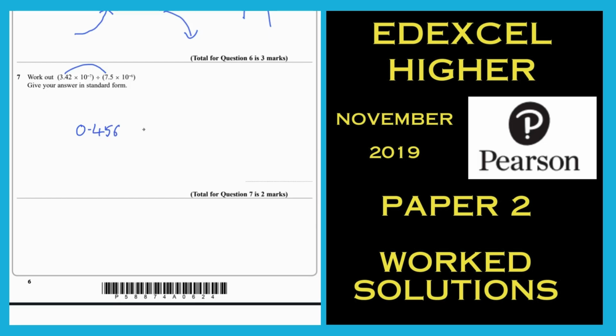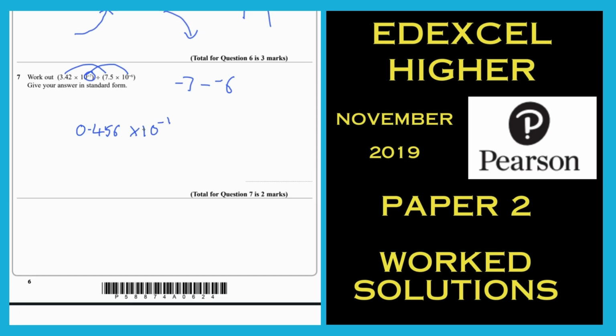Gives you a number which is not in between 1 and 10, but we'll worry about that shortly. When you divide, you subtract the powers. You should be pressing -7 is where it starts. Divide means minus, and it's -6. It's a double minus in the middle, which means it's really -7 plus 6 takes you up to -1.